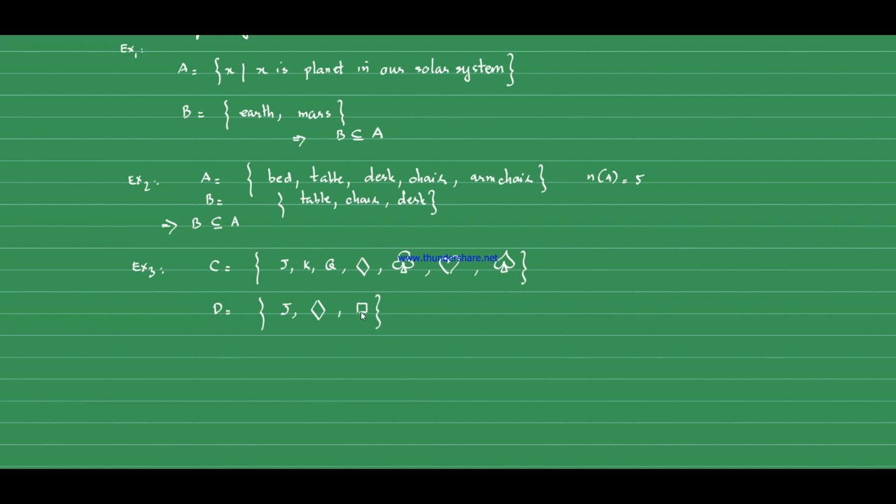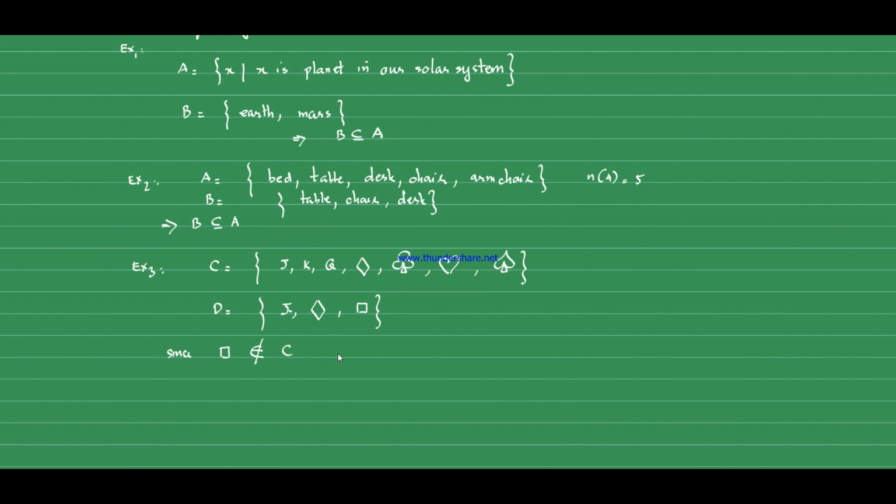Now let's analyze it. So you see the set D over here. They have Jack and diamond. So the elements over here are also elements of set C. However, in set D we have a square. So the square does not belong to set C. We already learned this symbol last time, it means does not belong to.